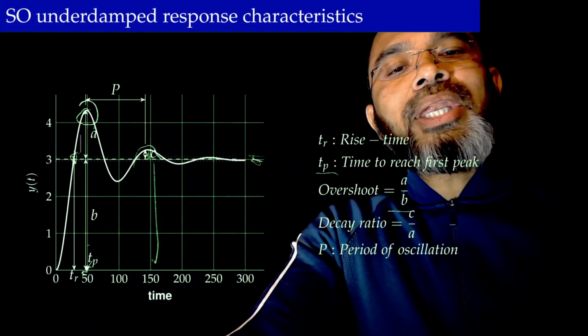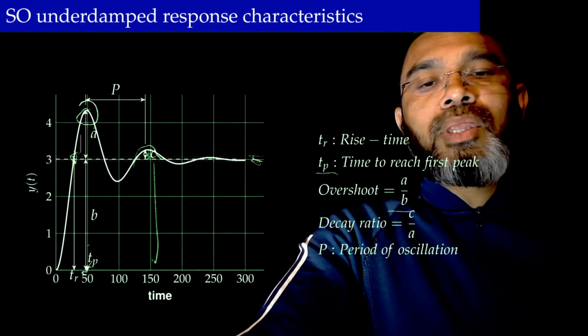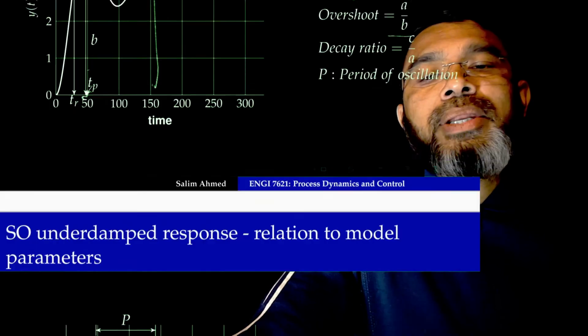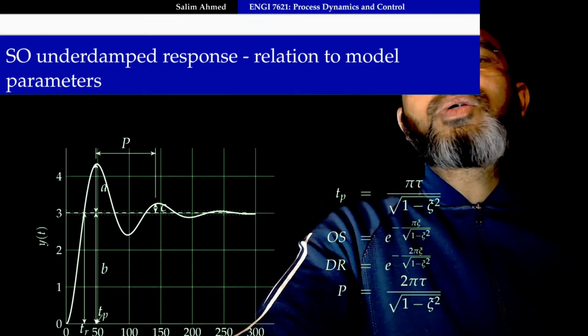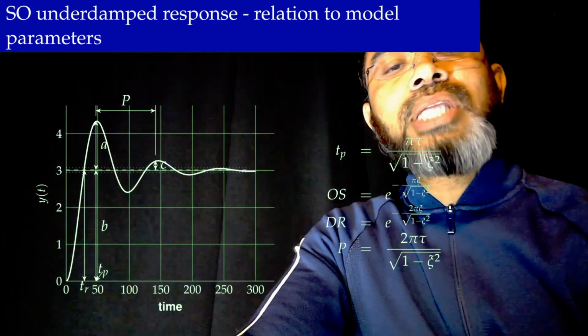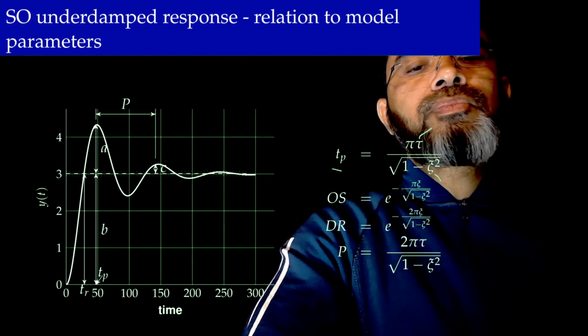Now all these parameters depend on the model parameters. Without going into details, let's simply present the relations between these terms and the model parameters. TP depends on both tau and the damping coefficient.